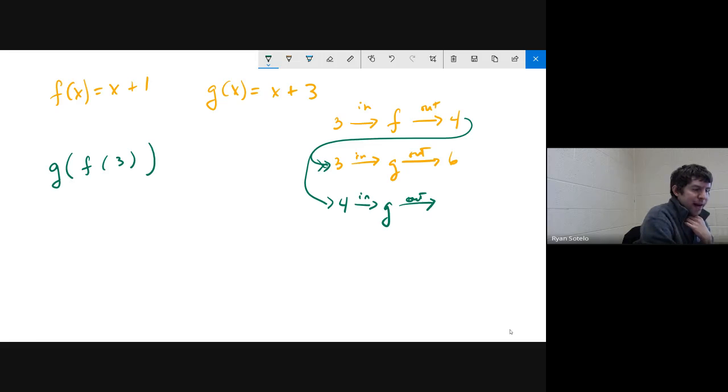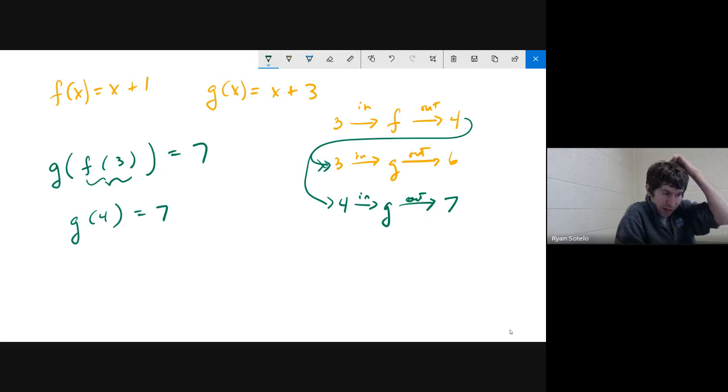Then the output of f becomes the input of g. Whatever pops out of f gets fed into g, and then g pops out whatever it's going to pop out. If I plug 3 into f, I get 3 plus 1, 4. Then that 4 is fed into g. If I plug a 4 into g, that's 4 plus 3, so 7 comes out. So this would be 7.